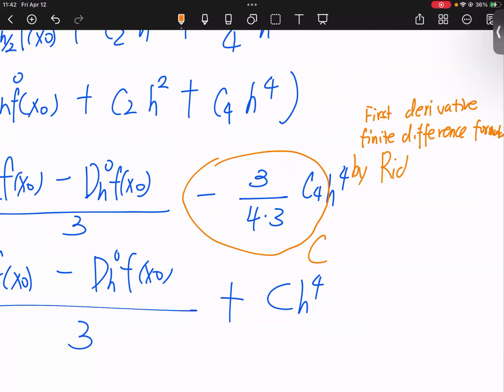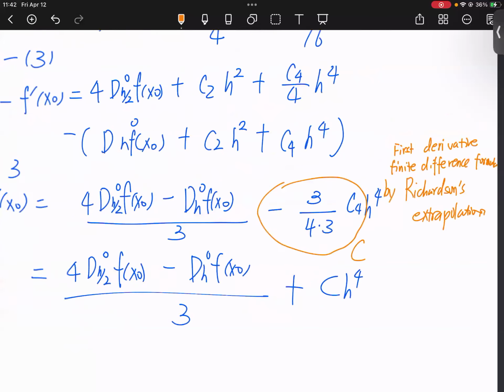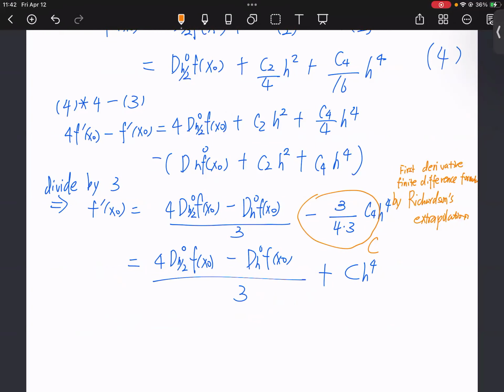By the Richardson's extrapolation. Why do we call it extrapolation? Because you already see that we are doing something that looks like interpolation here. We are extrapolating, so it's called extrapolation, the technique we use here.